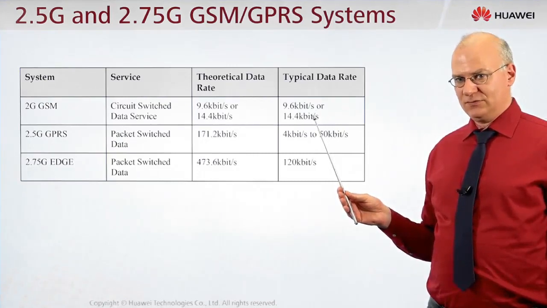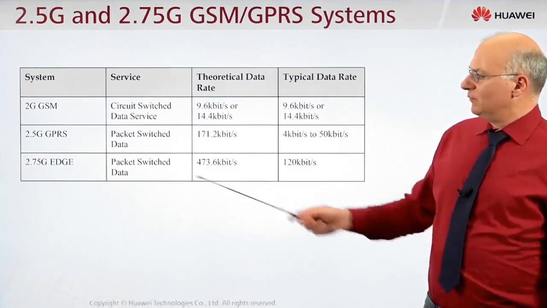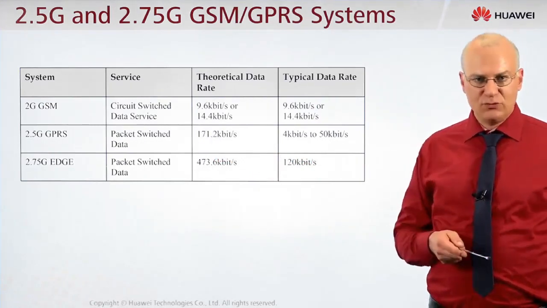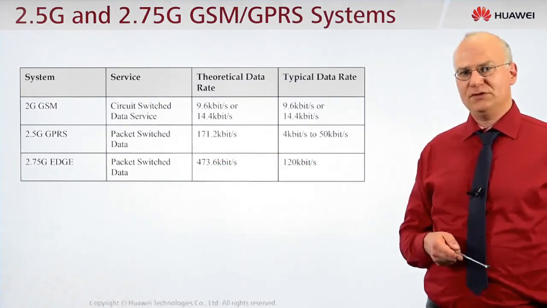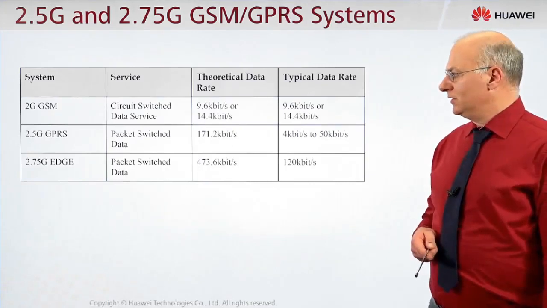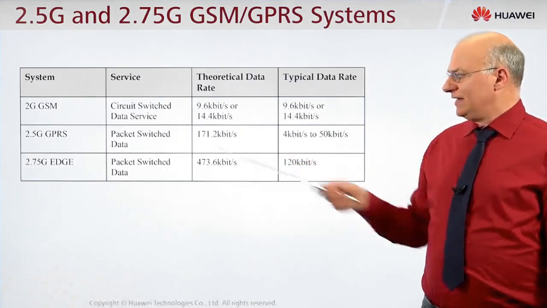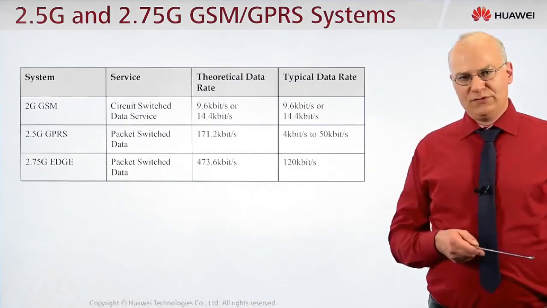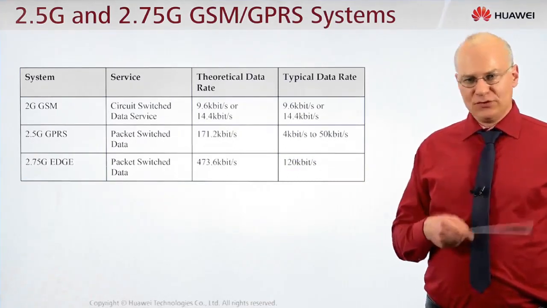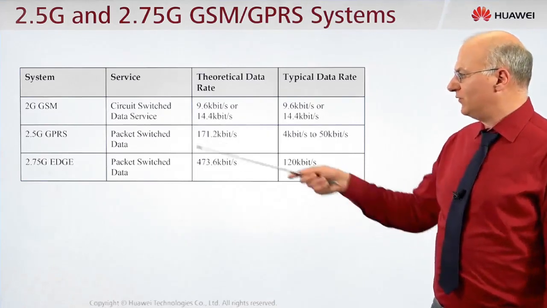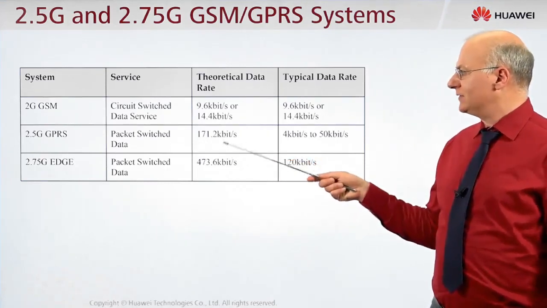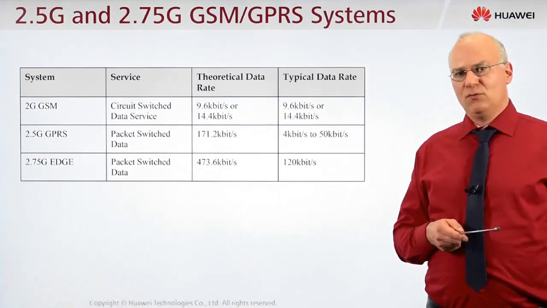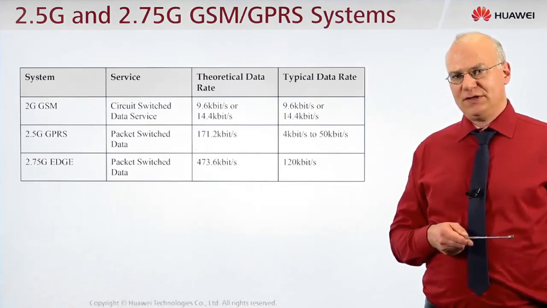same data rate. But when we go ahead to GPRS, which was the first evolution of GSM, introducing the packet-switched data service with not fixed, with variable data rates, the theoretical peak data rate is about 170 kilobit per second.